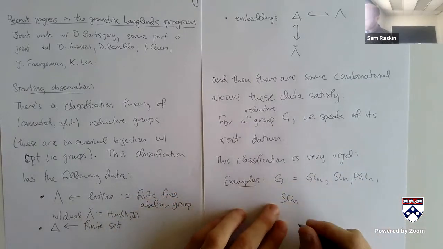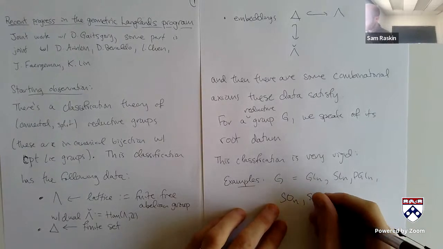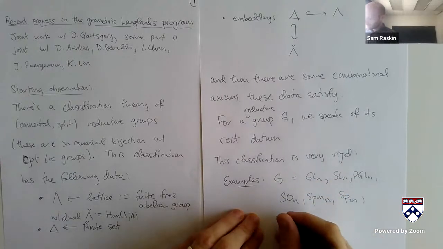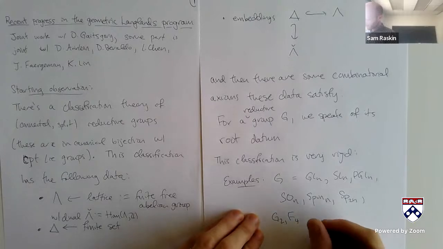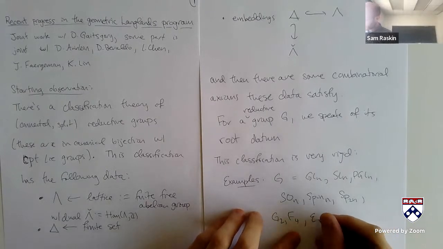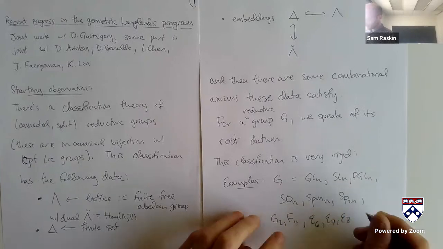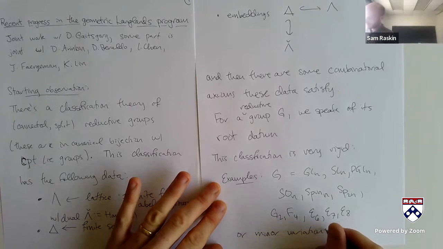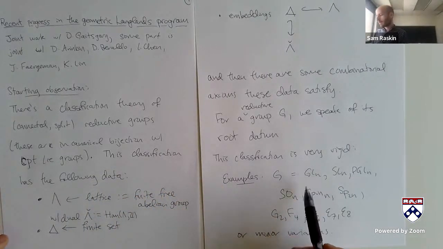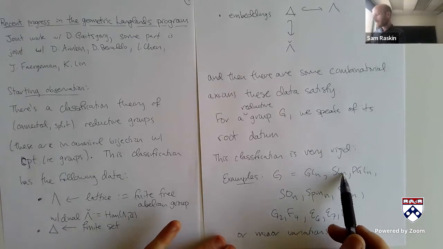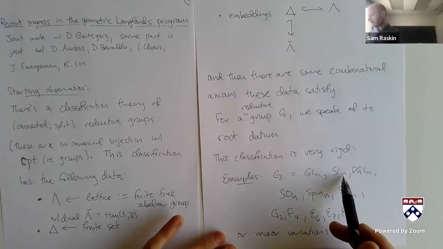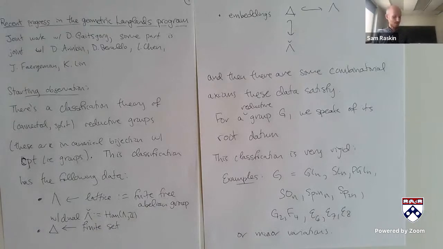It could be a special orthogonal group or a spin group, or a symplectic group, or it could be one of 5 exceptional families, or, I would say, minor variations on these. For instance, you can take products, or you could quotient SLN by a finite subgroup that wasn't its full center, which is Z mod n. That gives you PGLN, but if n were 4, you could quotient by a Z mod 2 instead of Z mod 4. But that's a minor variation.